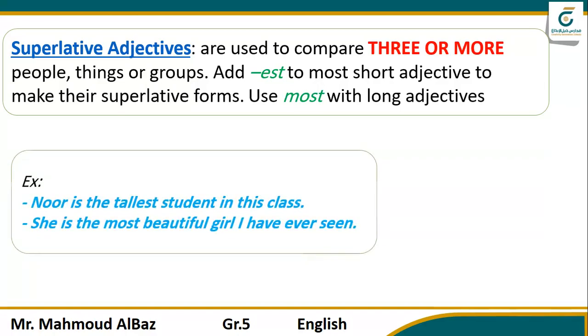Here are some examples. Noor is the tallest student in the class. Noor, compared between 3 people or more than 2. She is the most beautiful girl I have ever seen. You see, this is a short adjective that we add est to, and this is a long adjective that we add most before the word.